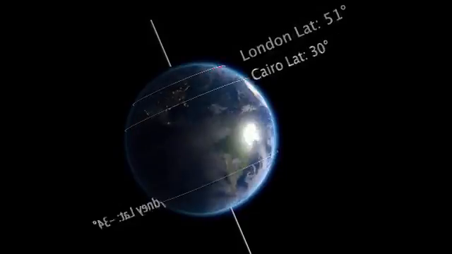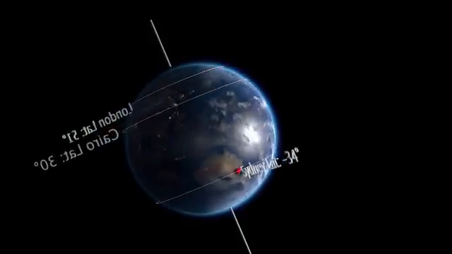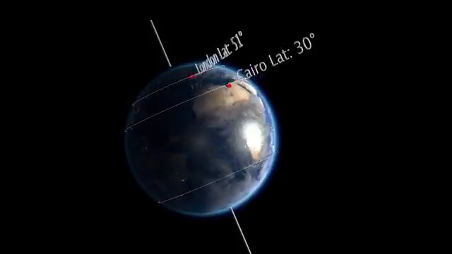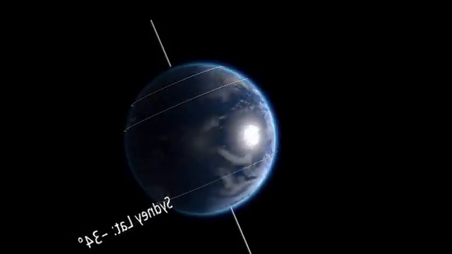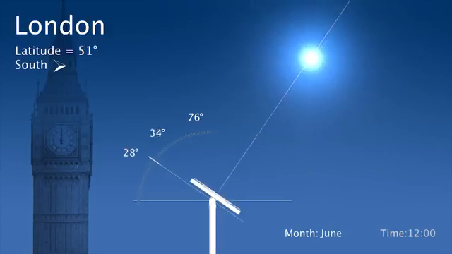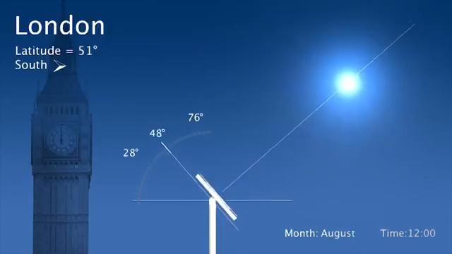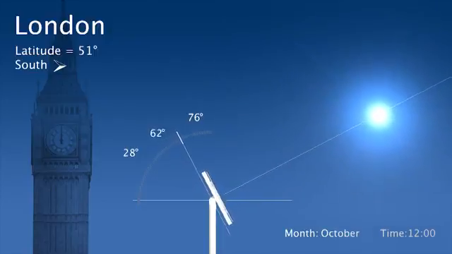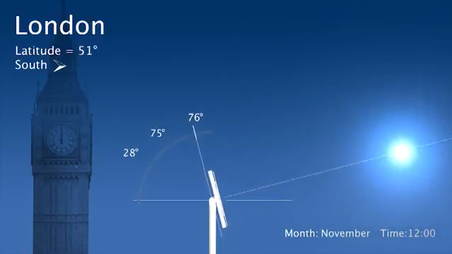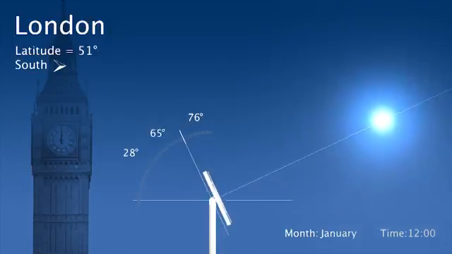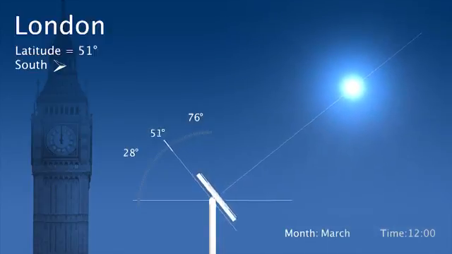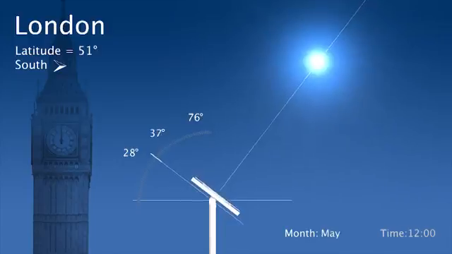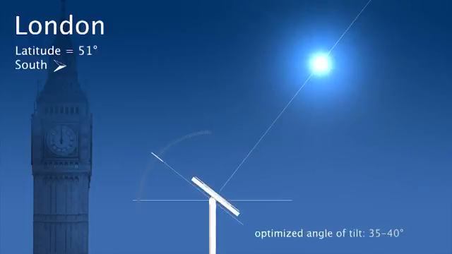Let's see how a Sun tracking PV panel is working in different places around the Earth. We will first go to London. London has a latitude of around 51 degrees. Consequently, the range of tilt angles throughout the year for a panel tracking the Sun varies from 28 degrees to 76 degrees. The panel in this case is oriented towards the south.